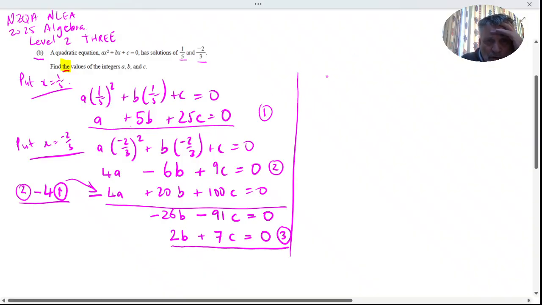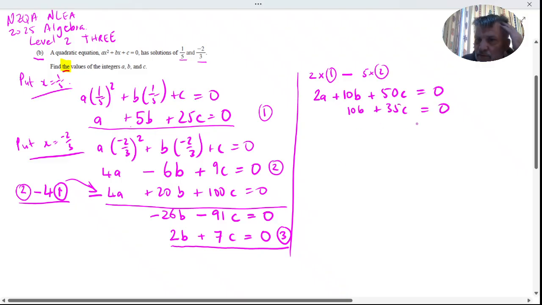So if we multiply equation 1 by 2, and then subtract off 5 lots of equation 2, what you get is 2a plus 10b plus 50c equals 0, and down here 5 lots of this is going to be 10b plus 35c equals 0, and we do a subtraction again.